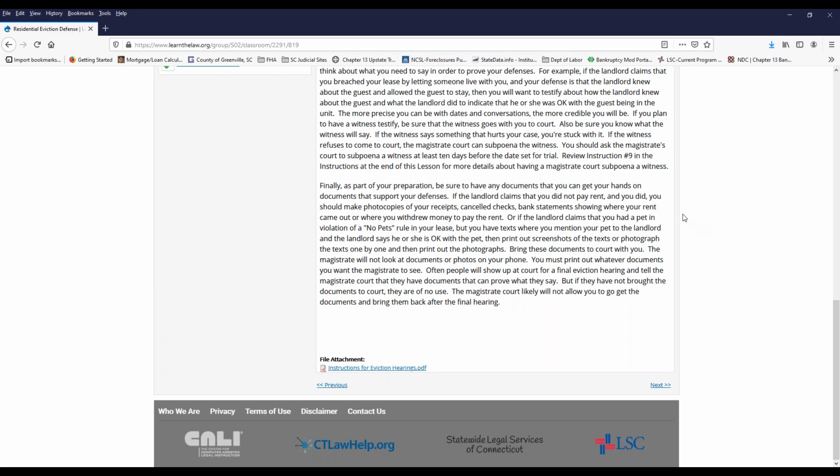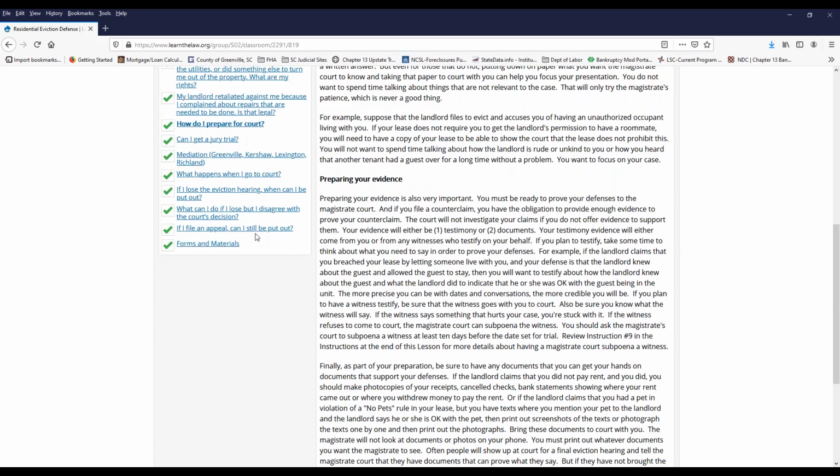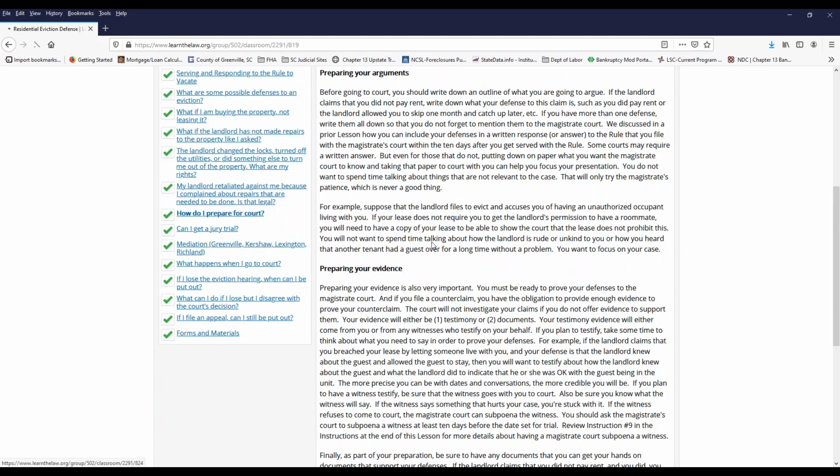If the landlord has, for example, a no pets rule in the lease, but you have texts where you say, hey, my friend's dog is over here or something like that, and the landlord says, okay, no problem, you want the text. So basically, you want to try to document everything you can in case you're going to need it later on in an eviction hearing.